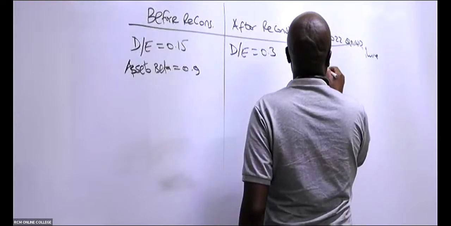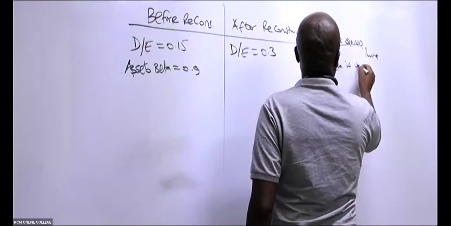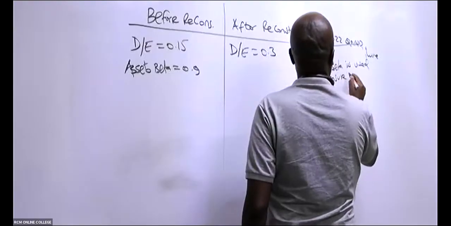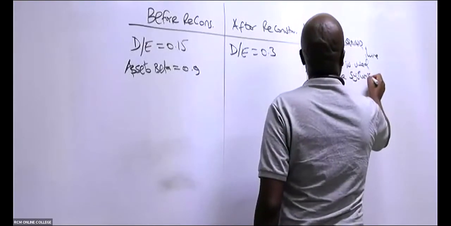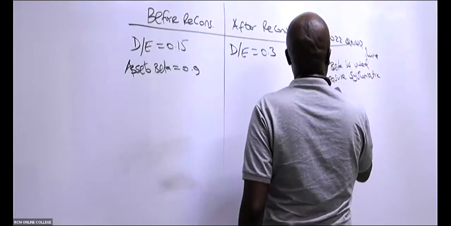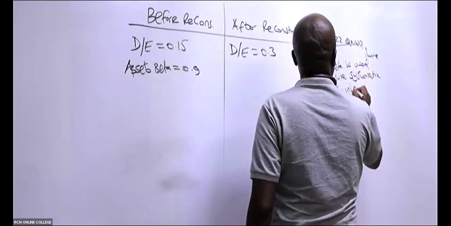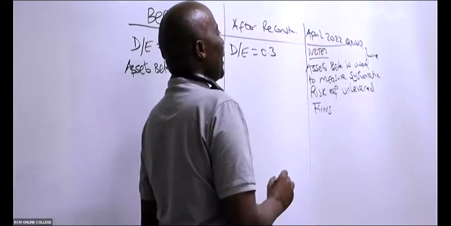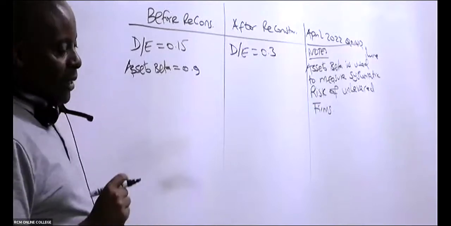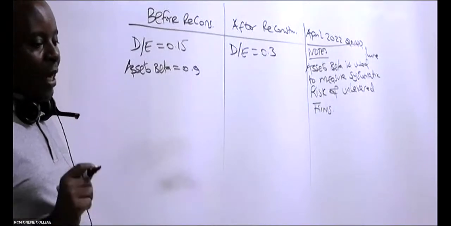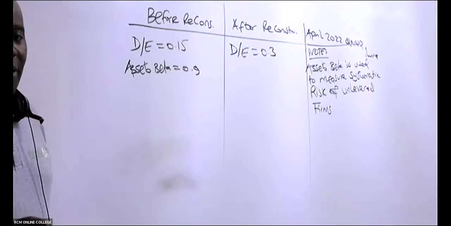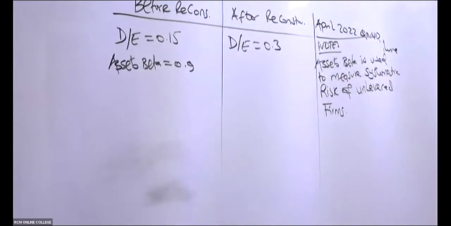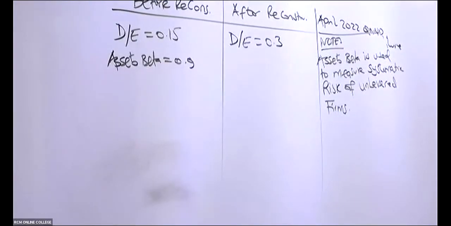That asset beta is used to measure systematic risk of unlevered organizations.